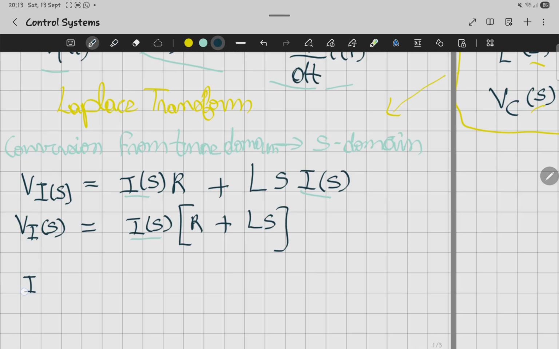So if you have to divide to remove this from this side and move it to the other side, you will get something like this: I(S), the current, equals Vin(S) over R plus LS. Okay, so this is what you're going to get here.